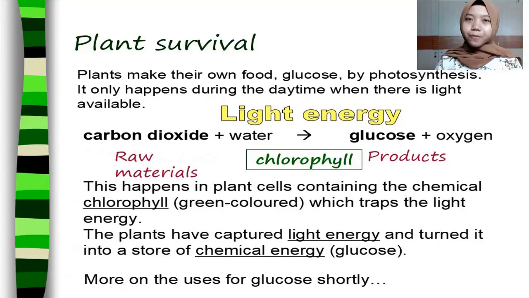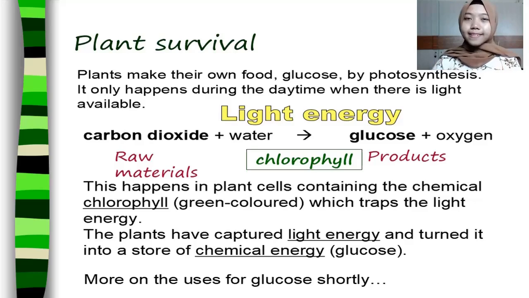Okay, plant survival. Plants make their own food, glucose, by photosynthesis. It only happens during the daytime when there is light available, like energy. Carbon dioxide plus water as raw materials becomes glucose plus oxygen as products, with the help of chlorophyll and light energy.